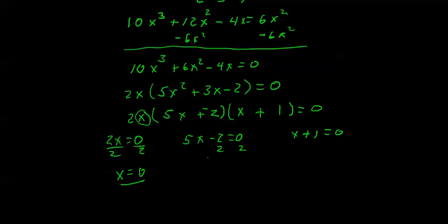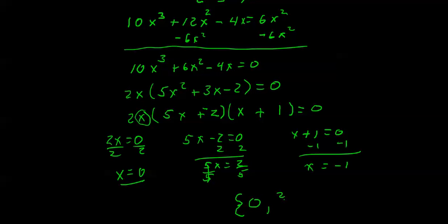Add 2. 5x equals 2. Divide by 5. And we get 2/5 minus 1, another easy one, and x equals -1. The solution then to our answer, again, curly brackets, 0, 2/5, and -1.